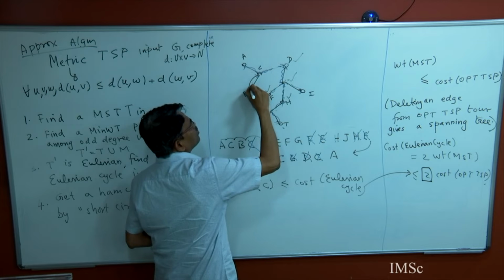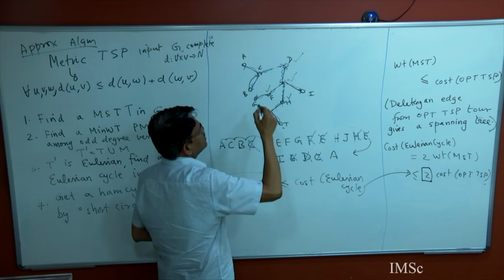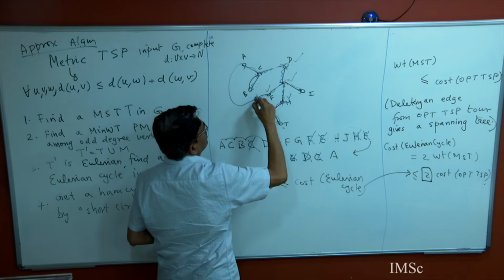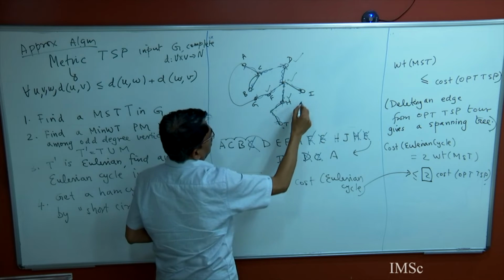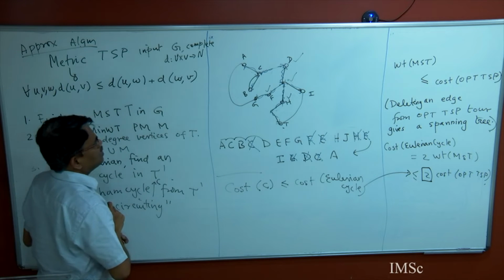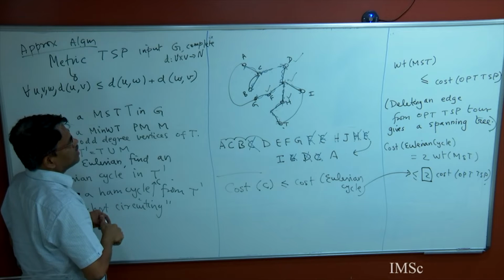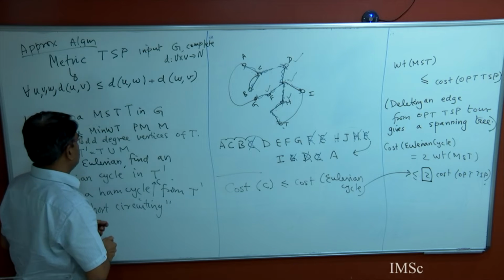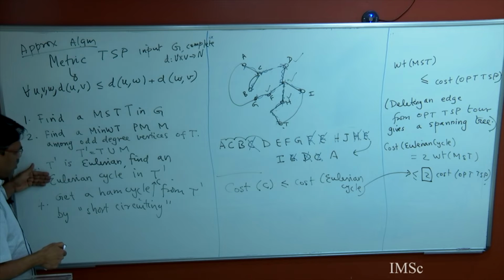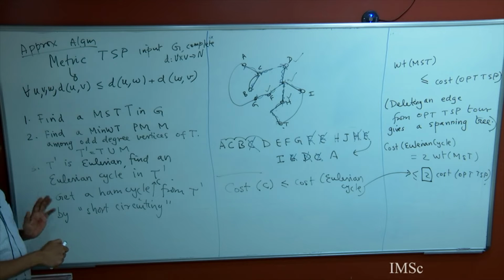So, it might use this edge, it might use this edge, and maybe this. Okay. So, now I have got an Eulerian graph, because every degree has become even. T prime is T union M. T prime is Eulerian, find an Eulerian cycle, get a Hamiltonian cycle out of it.